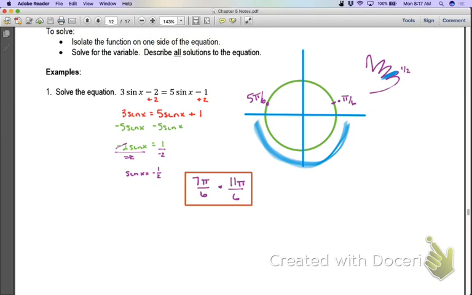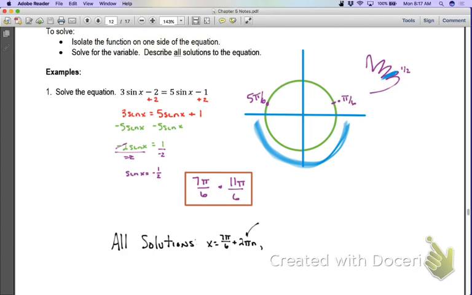If it asks for all solutions, then what you're going to do is take what was just above, where all you're going to say is x is equal to, you're going to take your 2 pi values, so 7 pi over 6, and you're just going to add 2 pi n in.